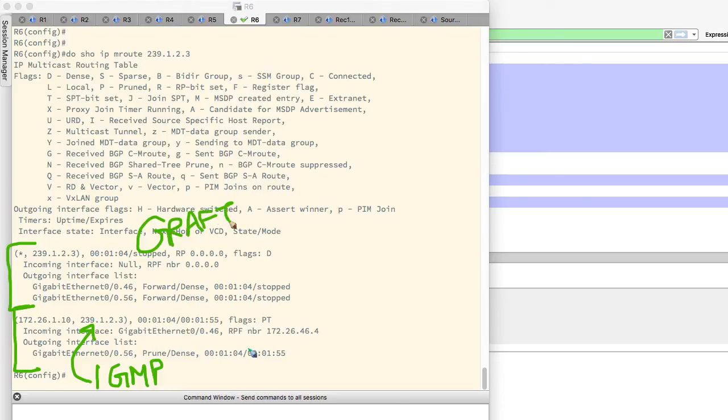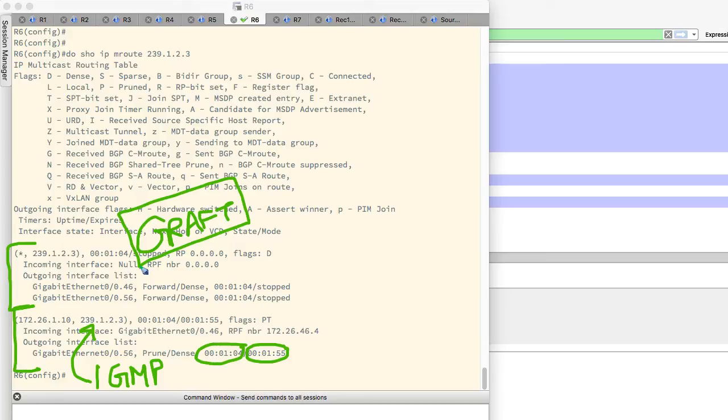And that's why we keep the state here, and that's why we keep refreshing the state. Remember those timers? Via a flood and prune, just so these states are always there on the routers in case those grafts need to happen.